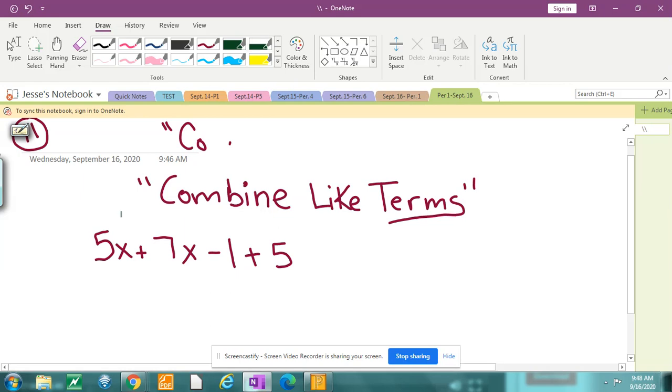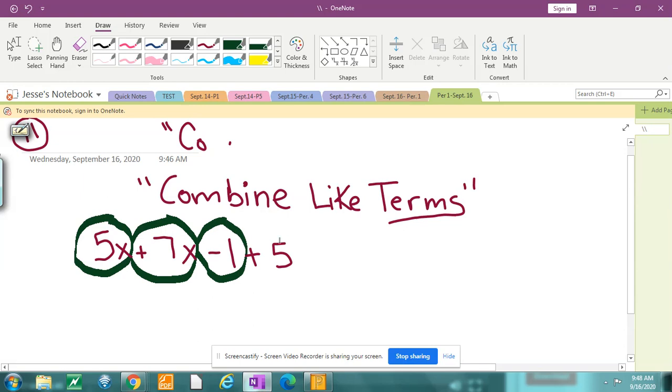So here's a term, and I'm going to circle it. Here's one term, here's another term, here's another term. How many terms are in this expression? There are four, see, four circles. Now what you're going to do is combine the ones that look the same.